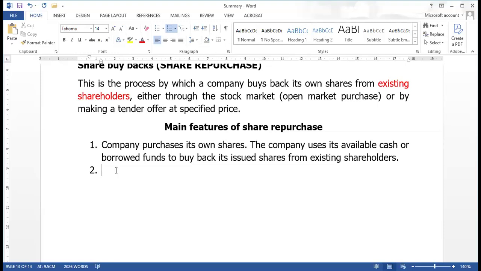If they are not receiving dividends as shareholders, then they may decide to sell their shares through the stock market. And that's when the entity may say that if the existing shareholders are willing to sell the shares, let's buy back. Let's be the one to buy these shares from this existing shareholder.